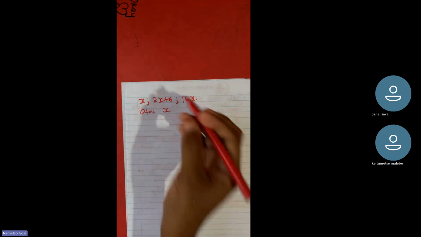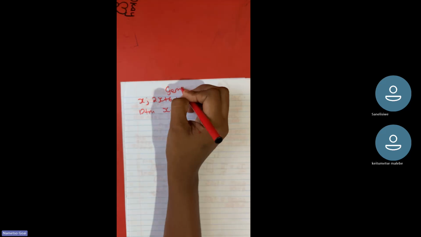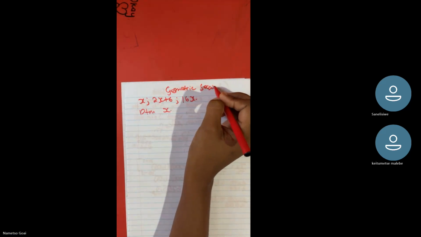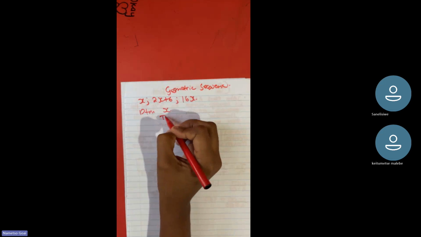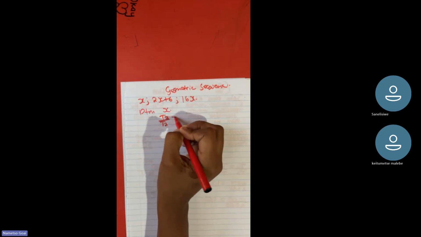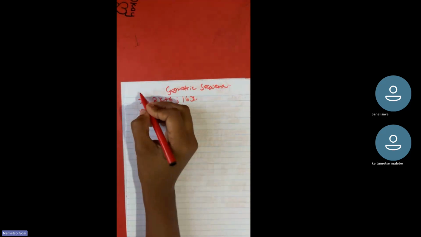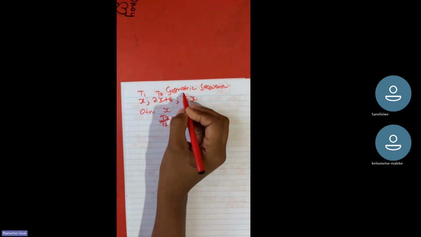Determine what x would be, right? So remember, this is a what? Geometric sequence. We know that T3 divided by T2 equals T2 divided by T1, right? Now, this is our T1, T2, T3.